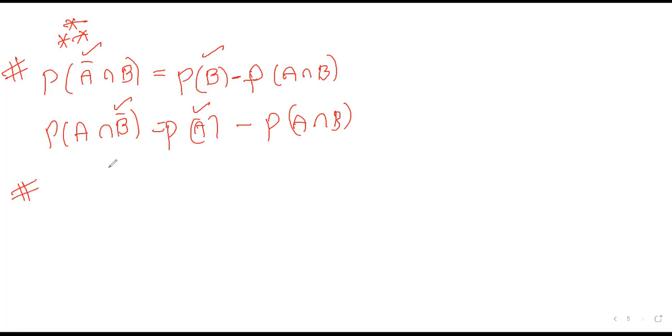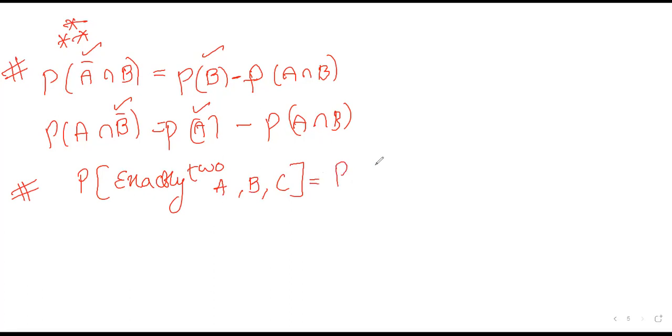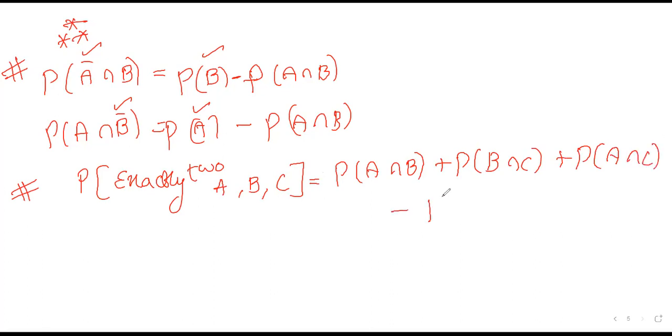Then similarly, if A, B, C are three events, then we can say that for exactly any two of A, B, C, the probability is P of A intersection B plus P of B intersection C plus P of A intersection C minus 3 times P of A intersection B intersection C. What is the meaning of this?